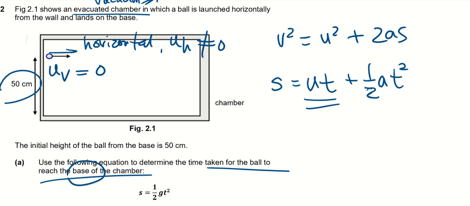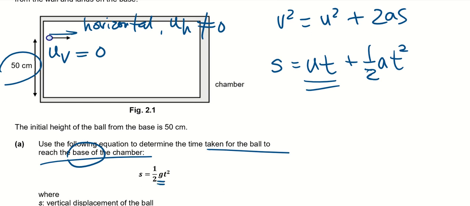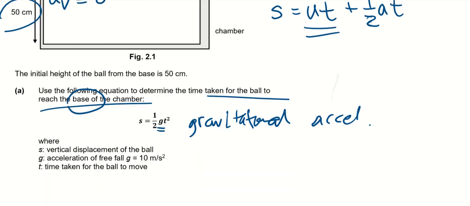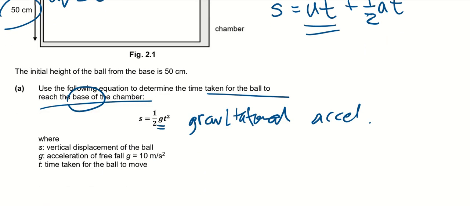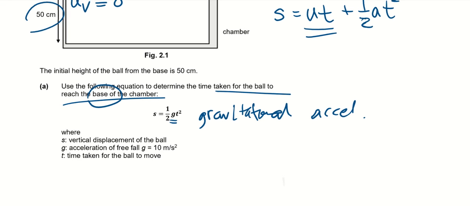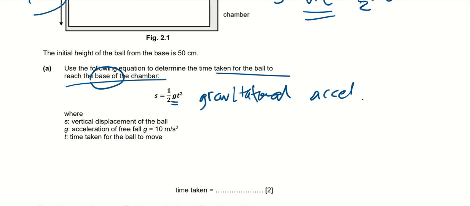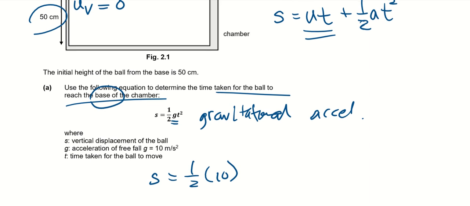But in case some of you later know about this formula, then you ask, hey, where's the UT? Okay? And what is this G? It's actually gravitational acceleration. Right? So, never mind. We just use this. S equals to half gt squared. How do we find the time?